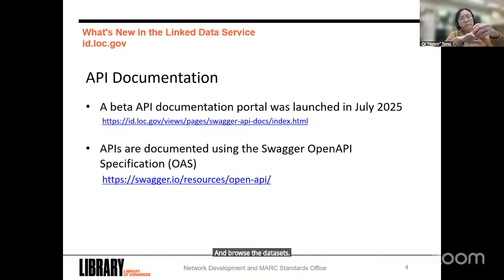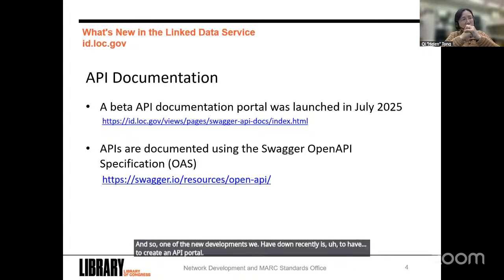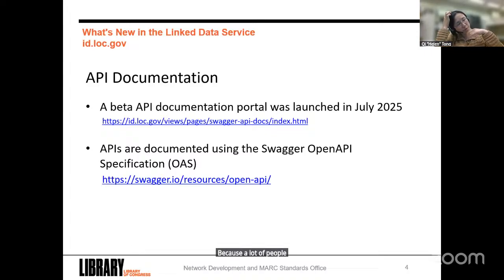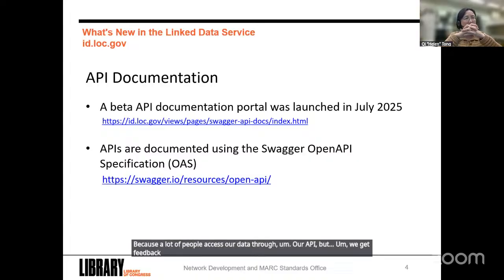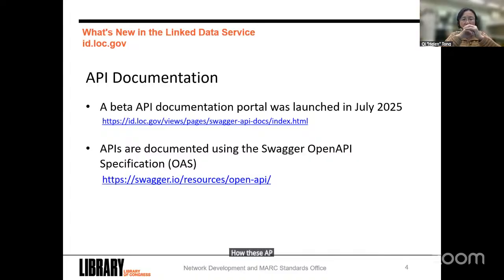One of the new developments we have done recently is to create an API portal, because a lot of people access our data through our APIs, but we get feedback about how these APIs can be used.